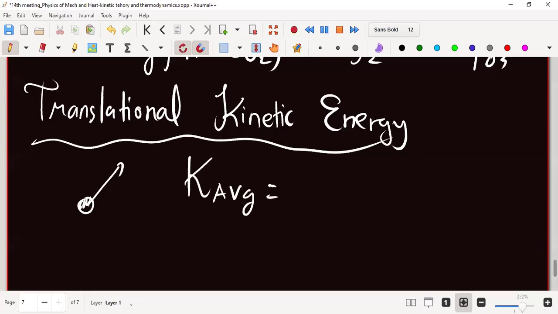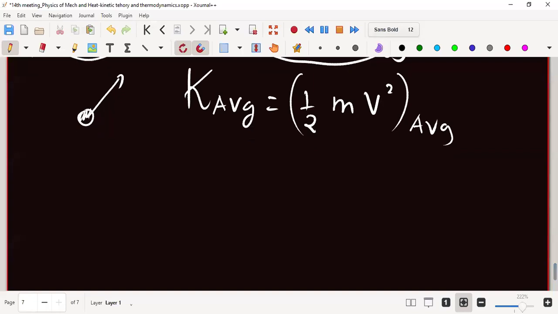Average kinetic energy is equal to half mass v square average, because the v square average is equal to the RMS speed squared.